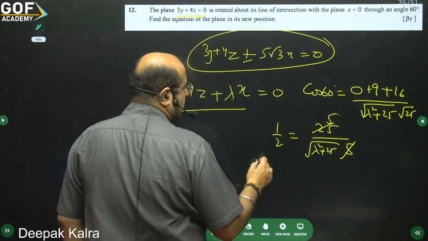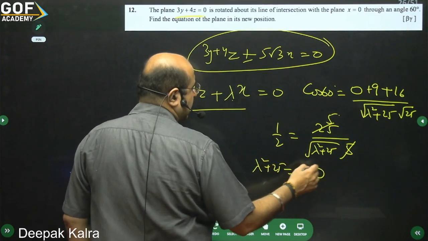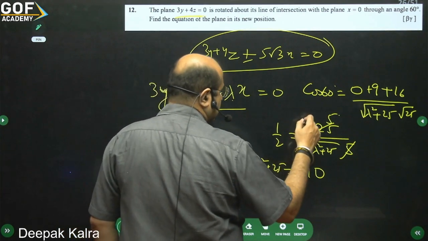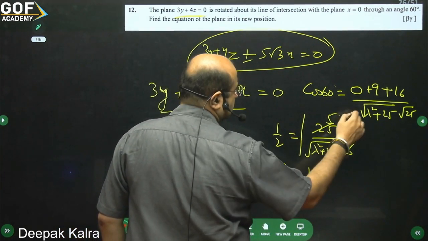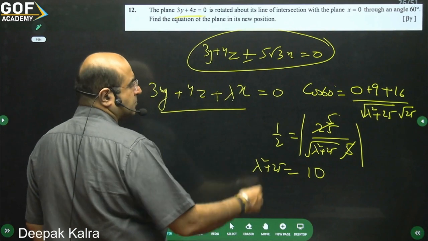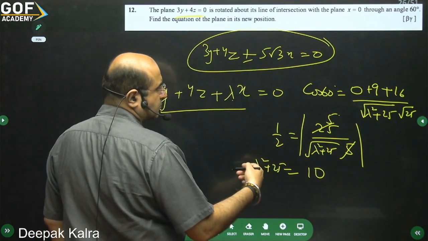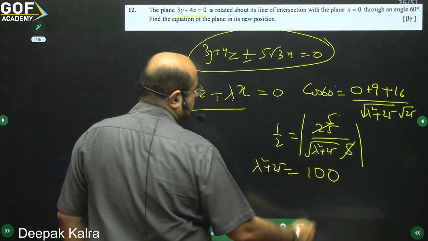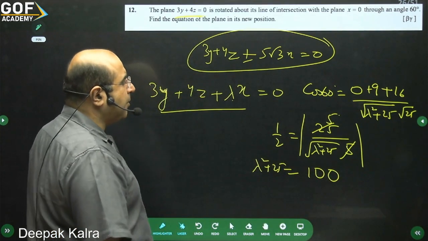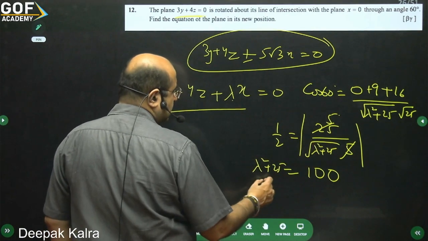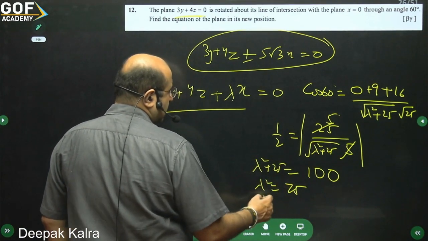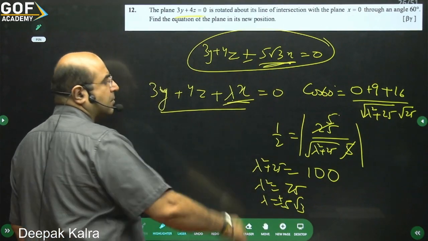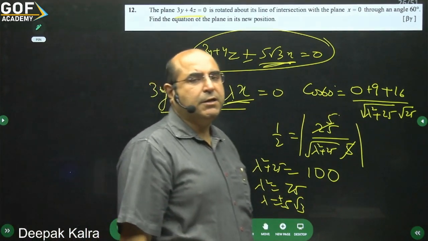You have lambda square plus 25 is nothing but 10, under the mod, right? Where I did the squaring. Okay. This is 100 being formed. Squaring done. So lambda square is 75, plus minus 3. This is clear. Understood?